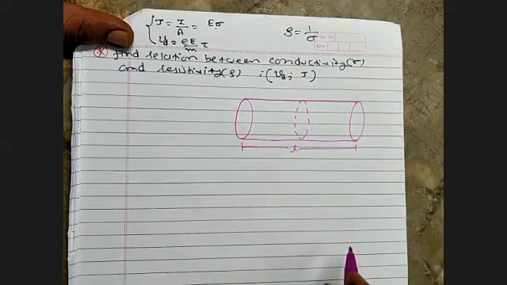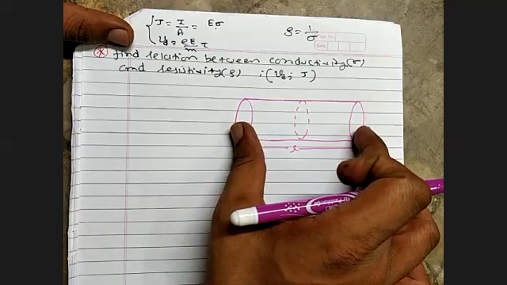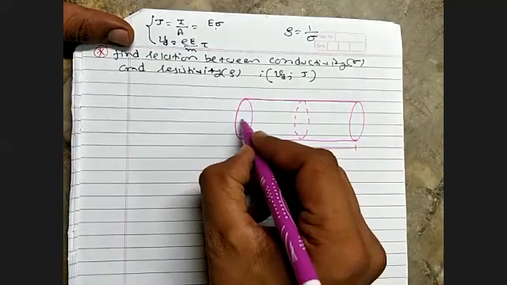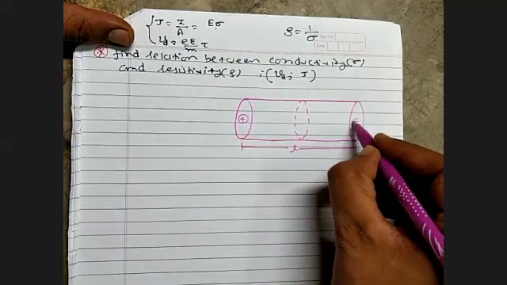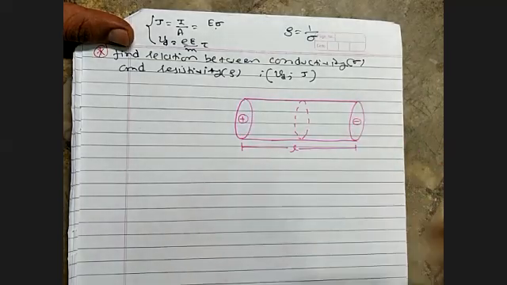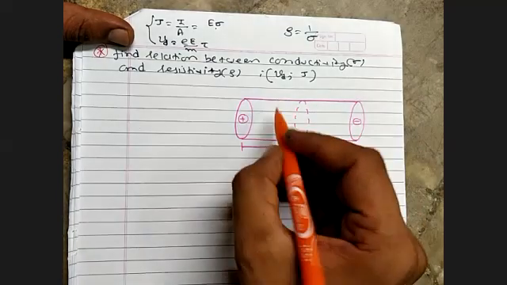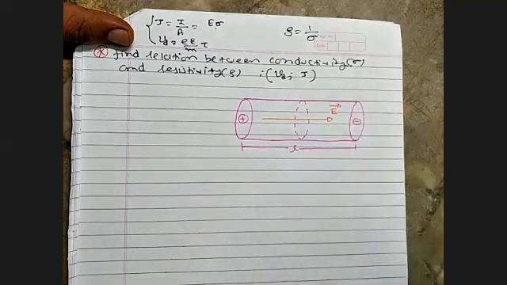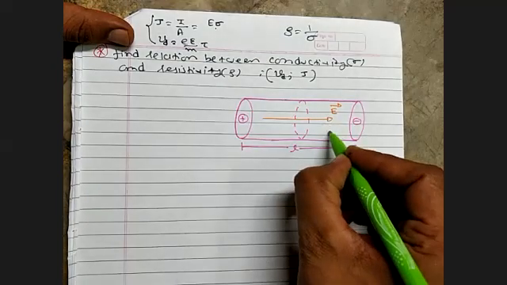As we apply the potential difference, one end is positive and the other negative. So the direction of the electric field is from positive to negative side, and we know that the electron moves opposite to this.